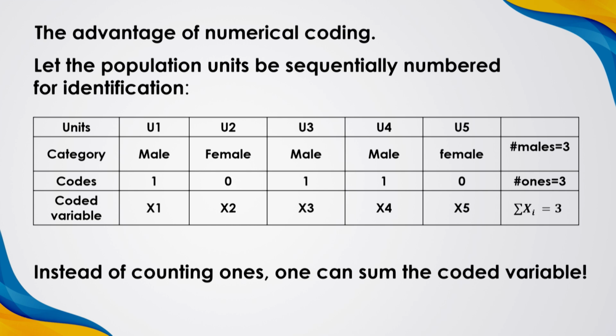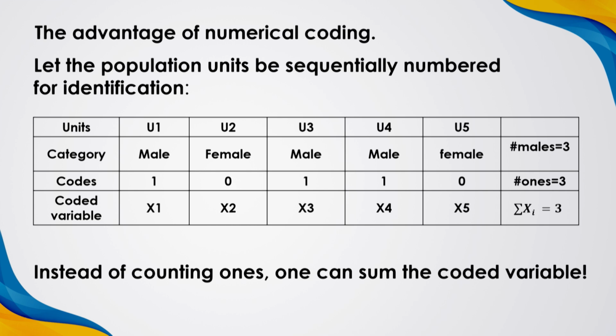So, just counting the males I can find this value, but if I code male 1, female 0, then for the first unit we have the code 1, for the second unit 0, for the third unit 1, fourth unit 1 and so on. Now, the number of ones is 3.